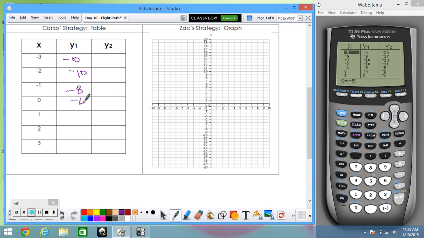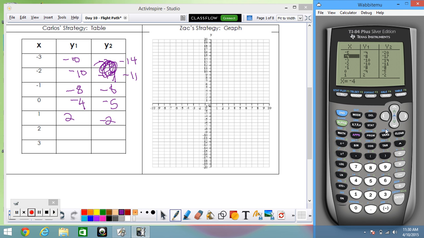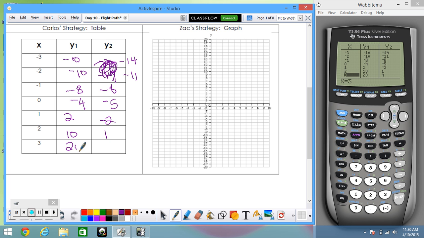Oops, wait. Oh, I did this from the wrong one. -3 is -14, and then -2 is -11, and this is -8, this is -5, -2, and then at 2 it's 10, 1, and then this is 24.